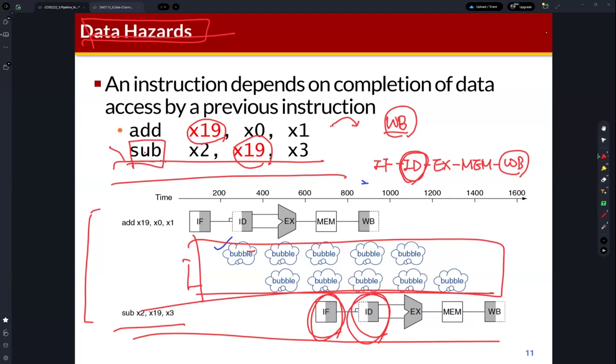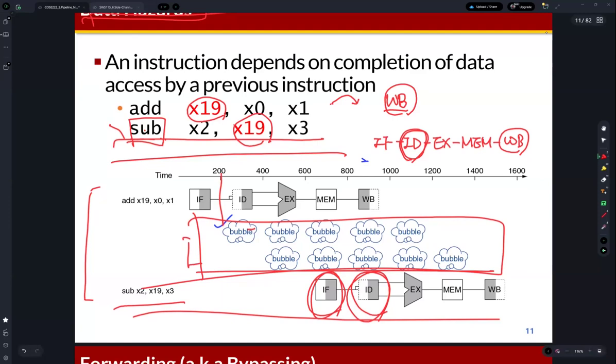But in the pipelining architecture, the required operands are fetched from the register file in the ID stage. If register operands are required, a processor reads them from the register file in the ID stage. But the result of an instruction is written back in the write back stage, the final stage of this pipelining architecture.